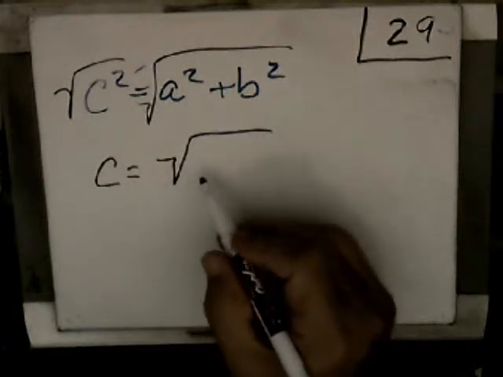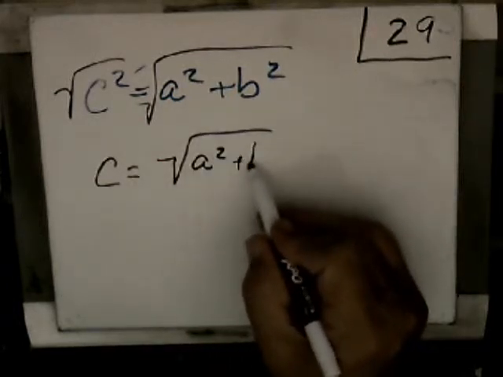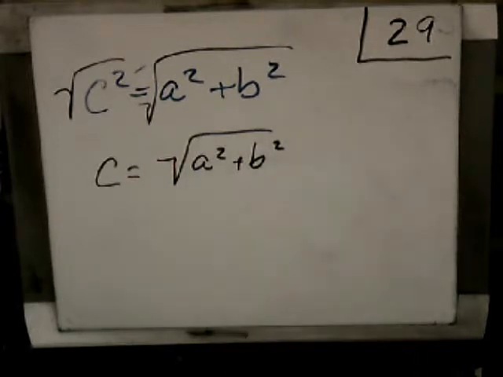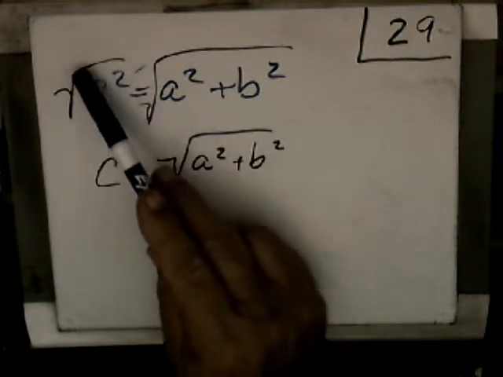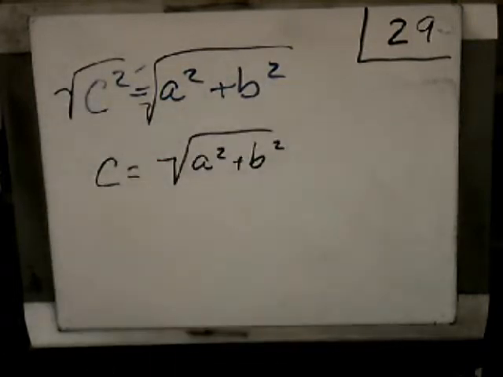So quite often you'll see the value of C written that way. Well, that wasn't too complicated an idea. I want to get C squared to a C, and the way I get rid of a square is I take the square root, so I take the square root of both sides.